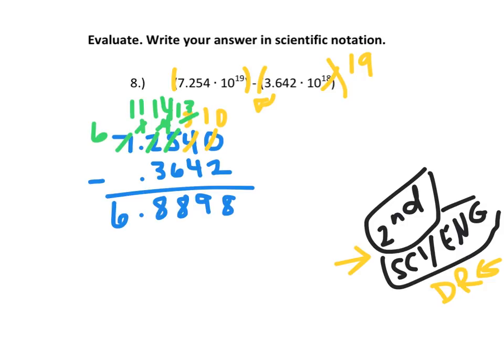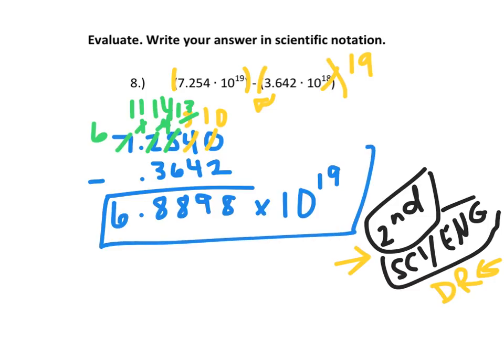So I got 6.8898 times 10 to the 19th power. This would be a little crazy to put into standard form, so I would definitely go with calculator mode, or if you want to try to carefully subtract your decimals.